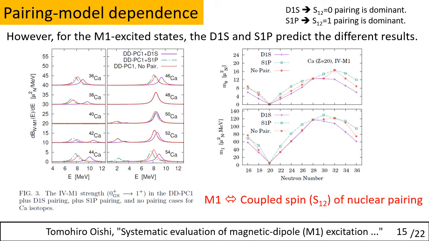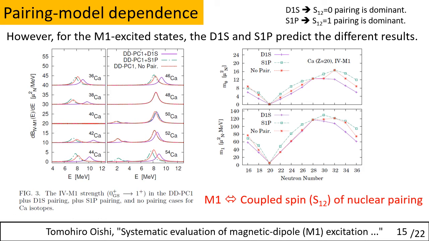On the other side, in the right panels, I also show you their summations of the M1 strengths. Here, m0 in the top panel indicates the non-energy weighted summations, whereas the m1 value plotted in the bottom panel indicates the energy weighted BM1 summations.